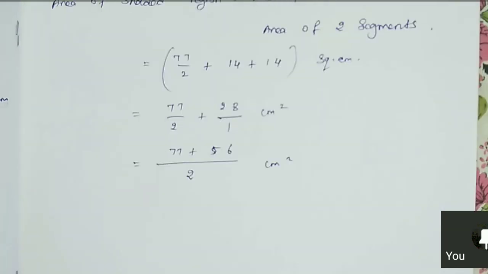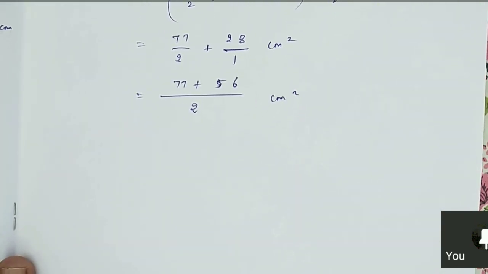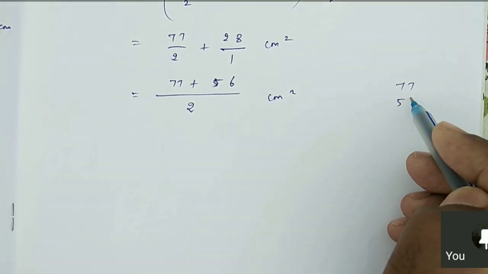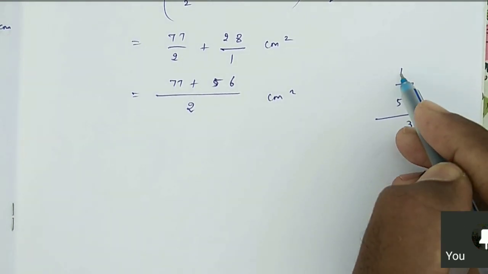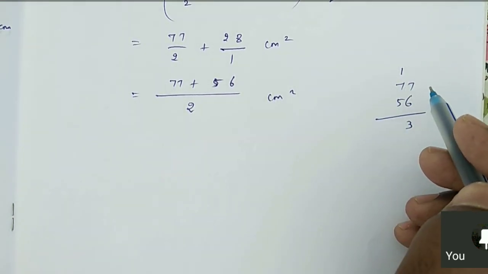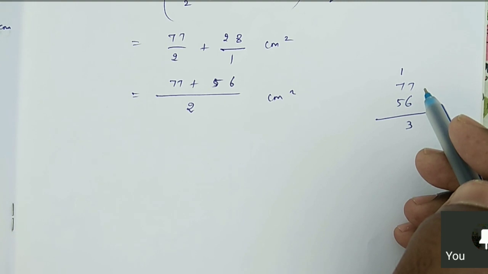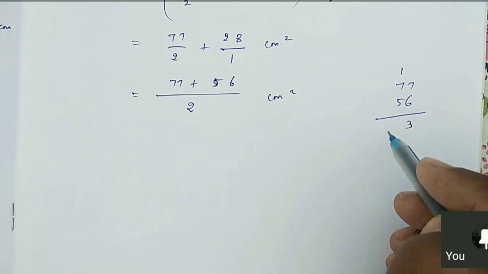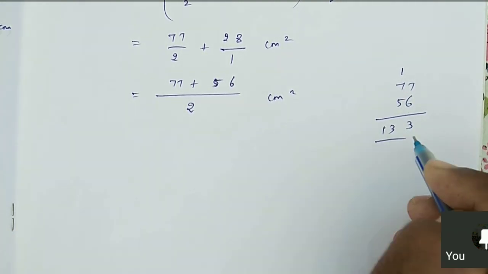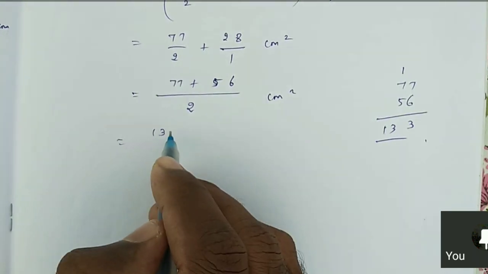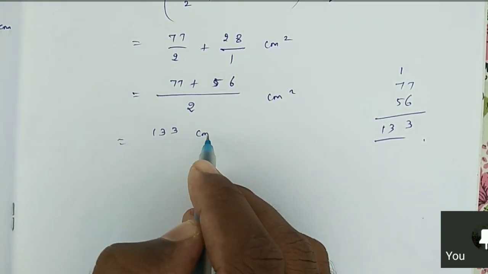Are you clear? Yes, sir. Now we can add it. 77 plus 56 is 133, remaining 1. 6 plus 7, what is it? So 133 centimeter squared by 2.